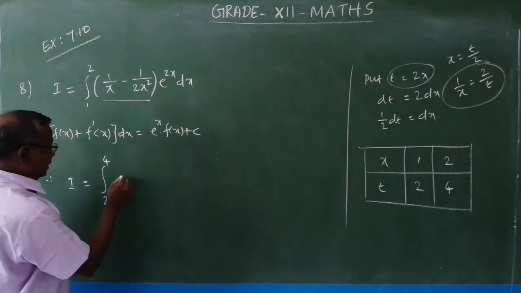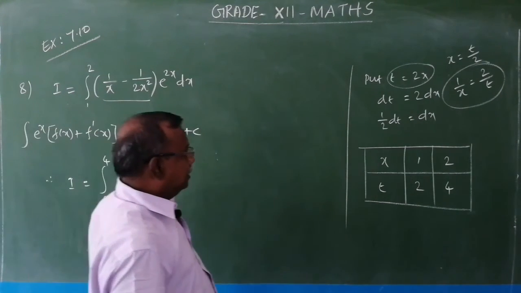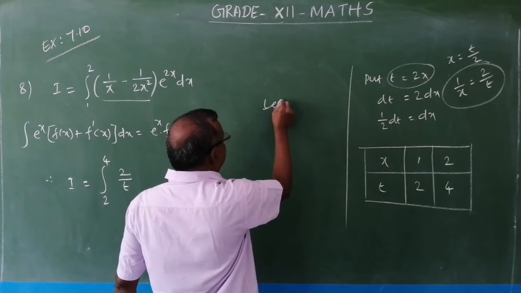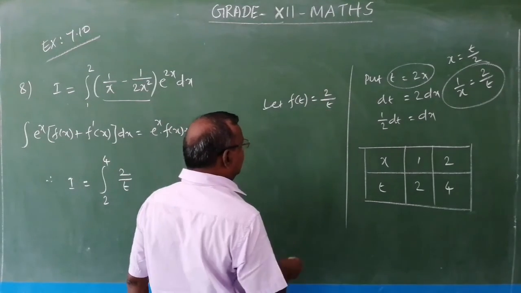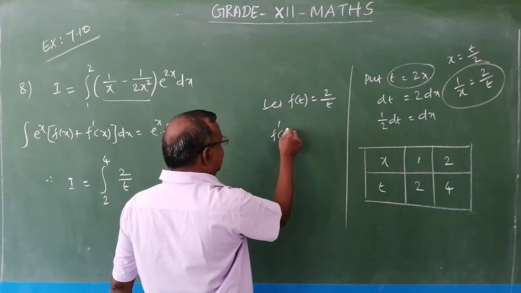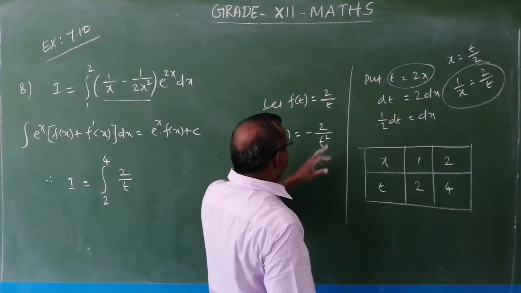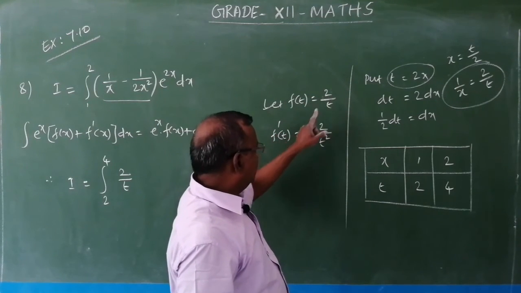So here it is 2 by t, and let f of t equal 2 by t. Therefore f dash of t becomes minus 2 by t square, taking 2 as common and differentiating 1 by t, which equals minus 1 by t square.